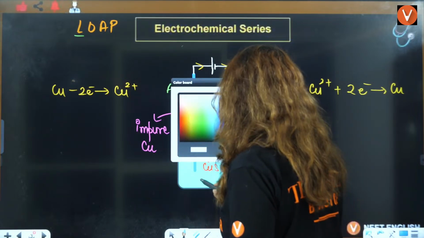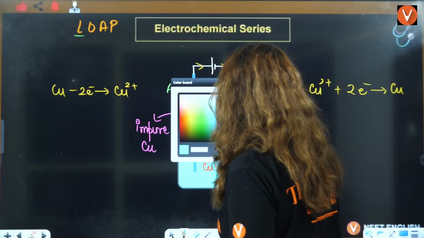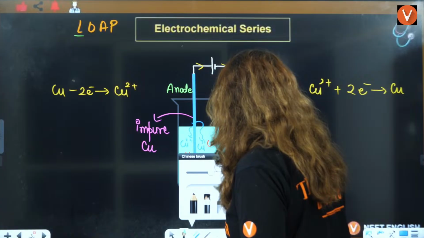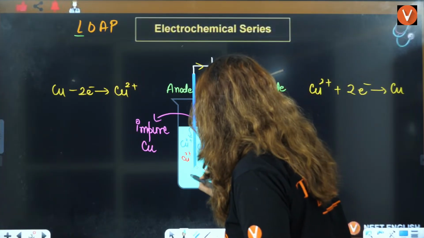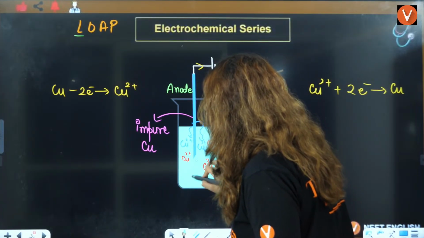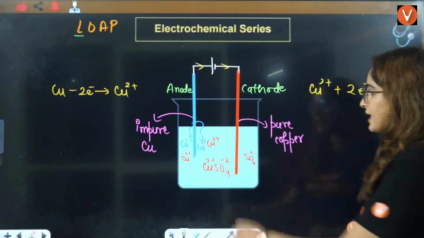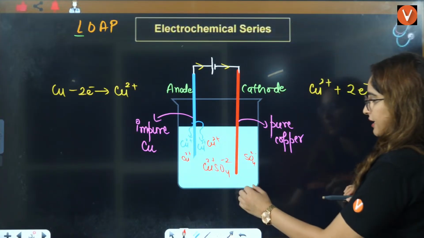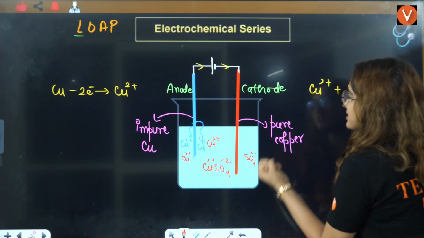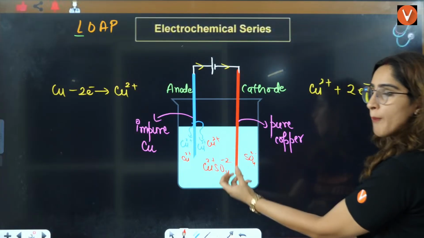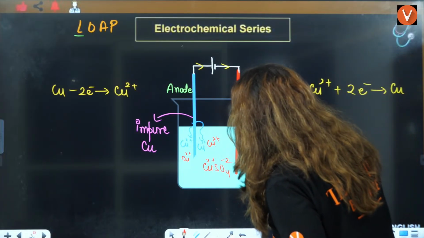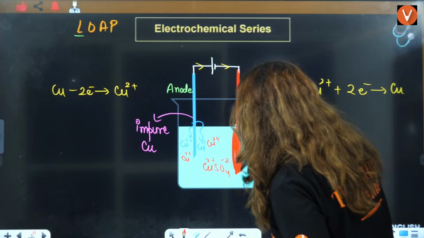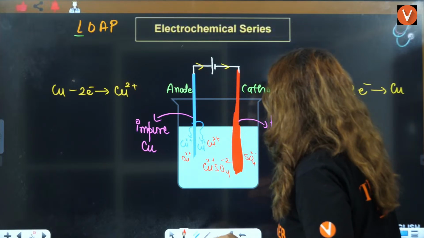So it is getting thinner. And here, what is happening? You have new Cu2+ ions that are converted into copper. So here you have the formation of the electrode.